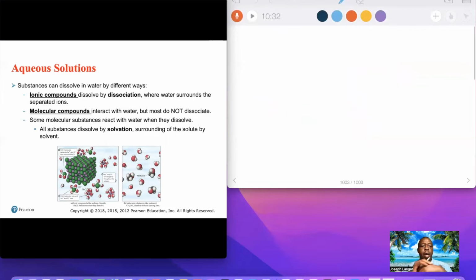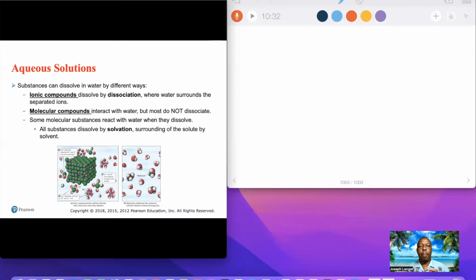There is a key term here, and by the way, the bolded terms you need to be able to define. You may see in the exam or in the quiz a question asking for the definition, and some of them are highlighted in my PowerPoint slide. For example, solvation, from the word solvent.